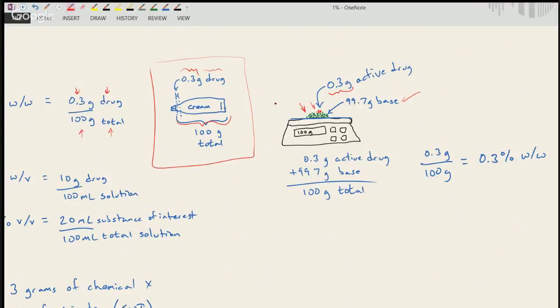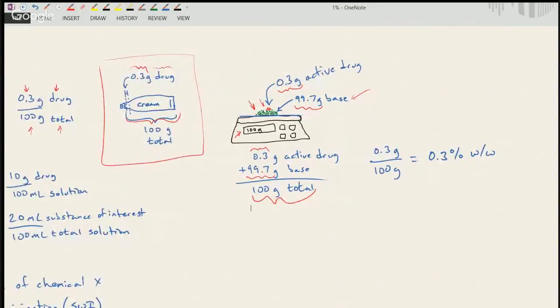But this is a 100-gram tube, so we need to add 99.7 grams of the base. And as you can see on this scale, that adds up to 100 grams because 0.3 grams active drug, 99.7 grams of base, 100 grams total cream.